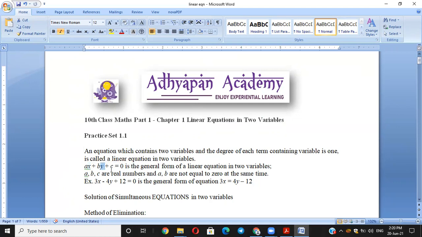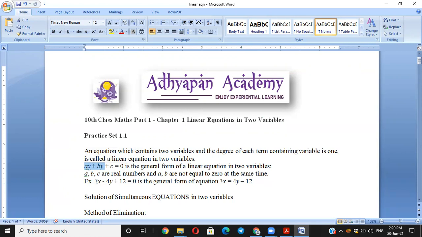Such equations where there are two variables and degree of each variable is 1 are called linear equations in two variables. In this equation, a, b and c are real numbers, whereas x and y are variables, and a and b cannot be 0 at the same time.